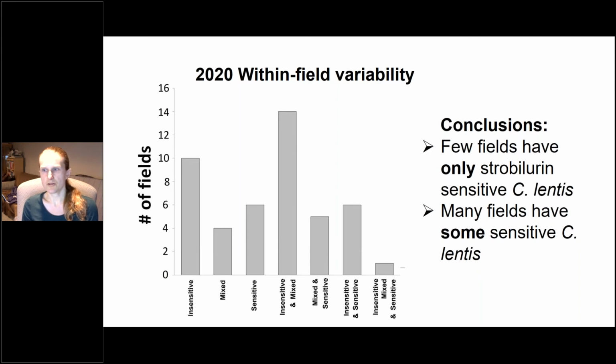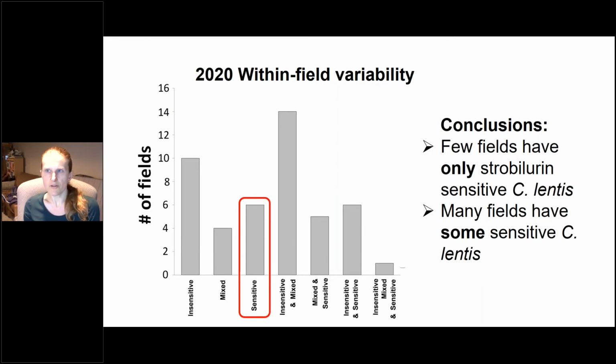And so here, again, there's a whole bunch of possible results from being only insensitive, only mixed, or only sensitive, and then the various combinations of that within the 4 sites. And of all of the fields, there were only 6 where there was only sensitive. So that's a minority of fields.